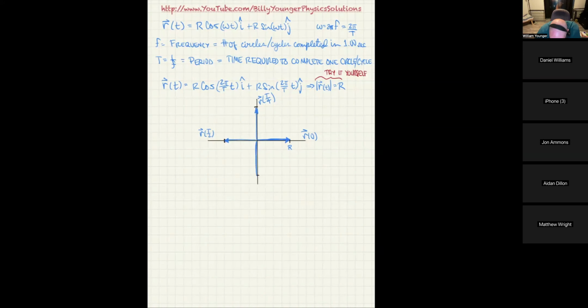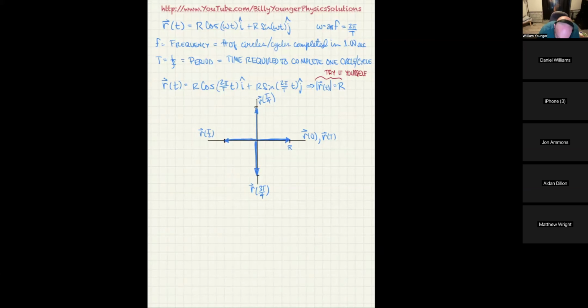And this one is r of 3t over 4. And in fact, like I said, I asked you guys to do increments of an eighth of the period T, and that'll give you the 45-degree angles as well. When you come back, though, r of the whole period is also the same answer. So that's what these vectors are.